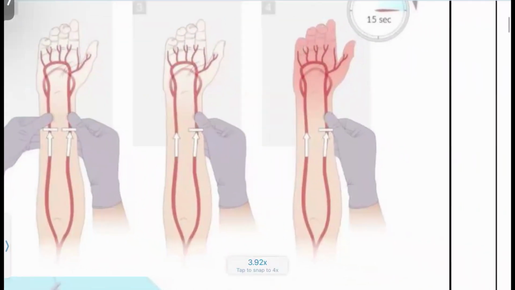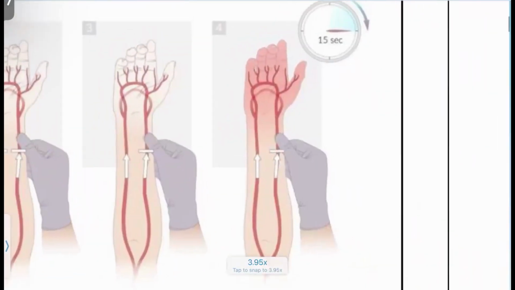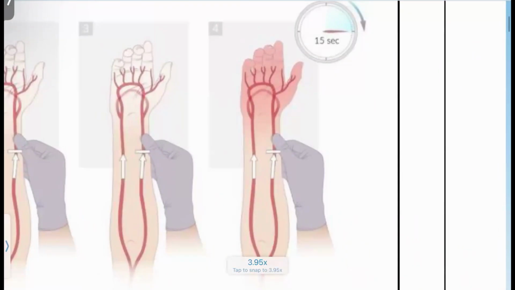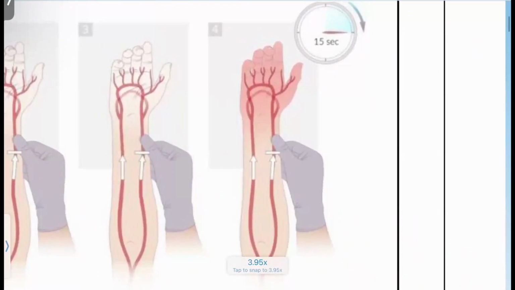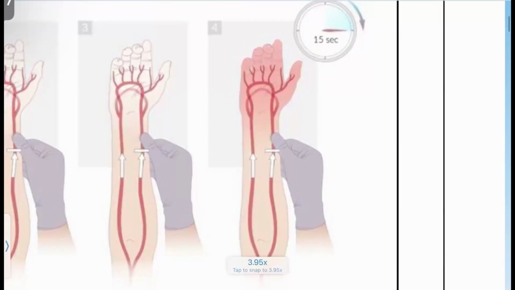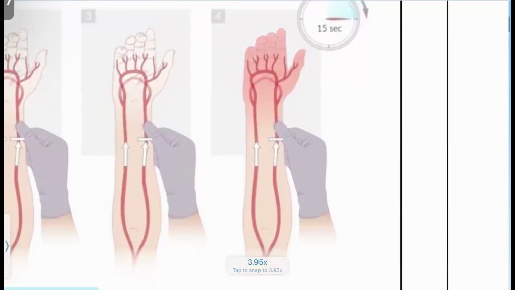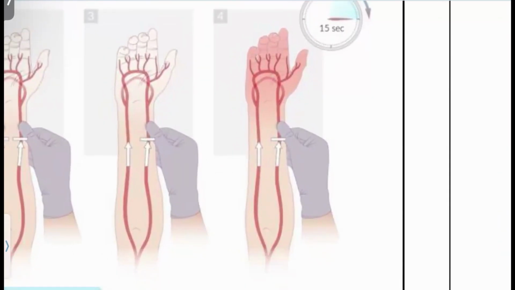After that, release the ulnar side and watch for 15 seconds. Within 15 seconds, or less than 10 seconds, the collateral flow covers the entire palmar region and the entire distal hand, so the ulnar artery patency and the circulation is intact. Then you are good to go to puncture the radial artery and get your sample.